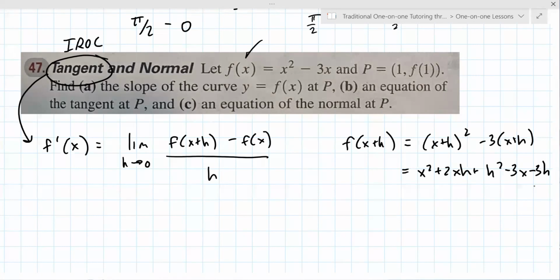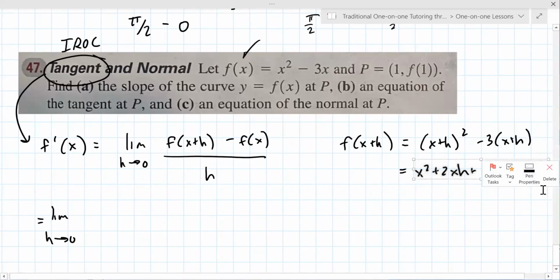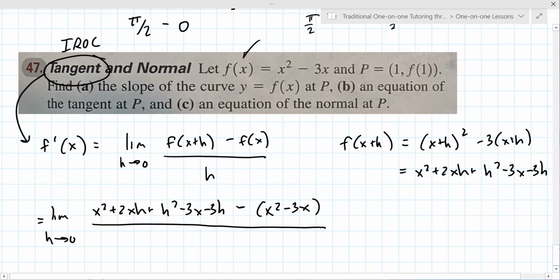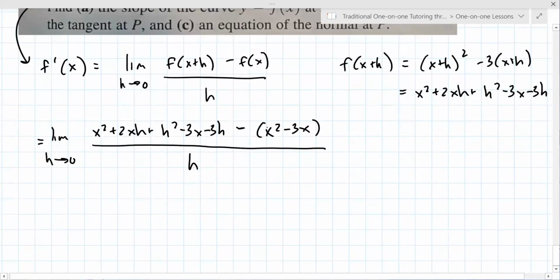Okay, so then you can't really simplify that. So it's the limit as h goes to 0, and then you grab all this stuff right here, and then minus x squared minus 3x over h. So what happens here is when you distribute the negative, you end up getting cancellations.